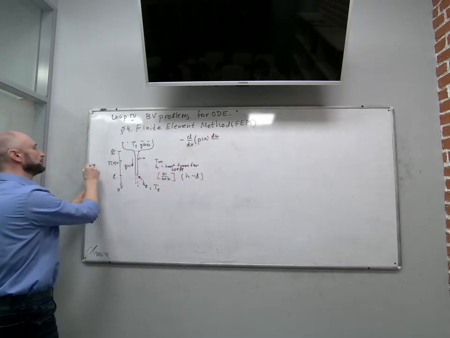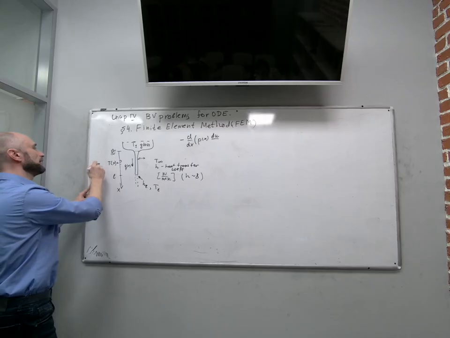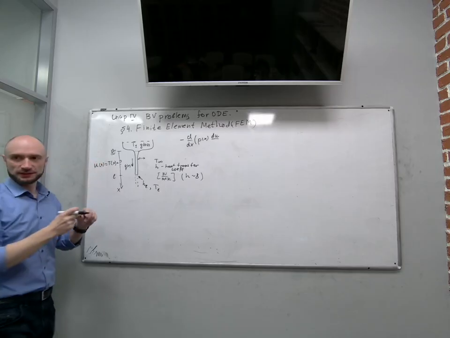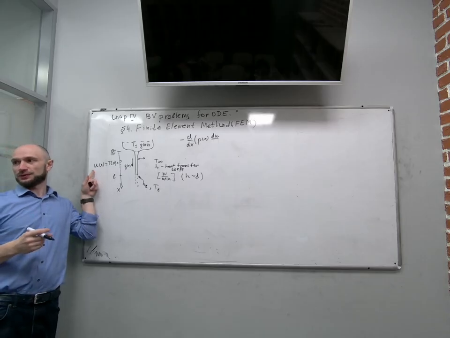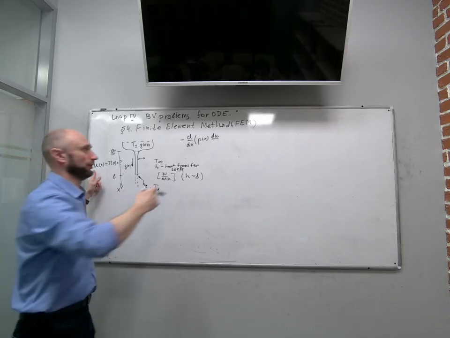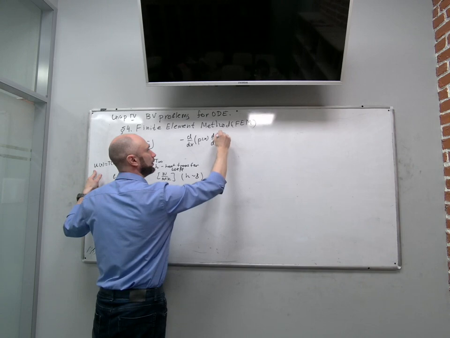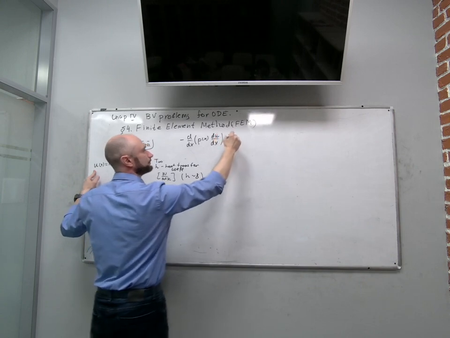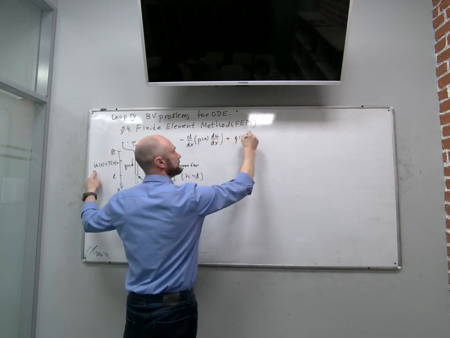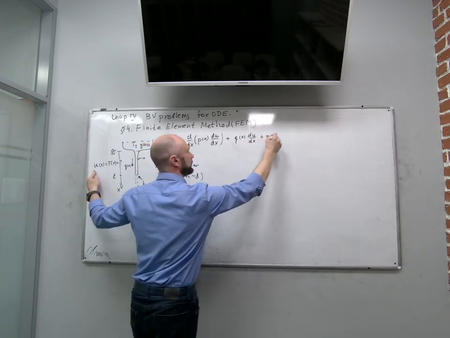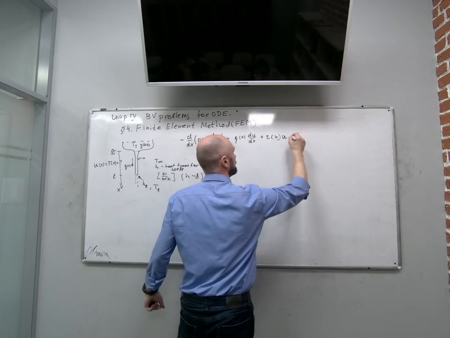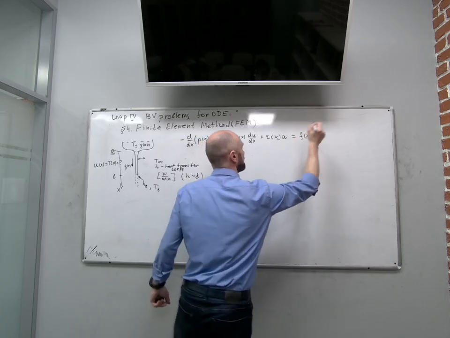Well, let us say that u and T in this context is the same function. I just denote it in a typical way with u, as I did before, plus q of x du by dx plus r of x u is equal to f of x.